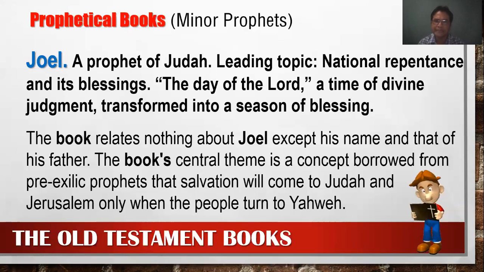The book relates nothing about Joel except his name and that of his father. So the book's central theme is a concept borrowed from the pre-exilic prophets: that salvation will come to Judah and Jerusalem only when the people turn to Yahweh, the Lord.